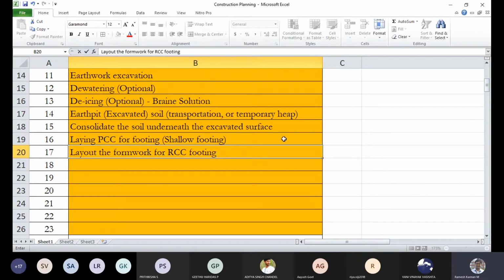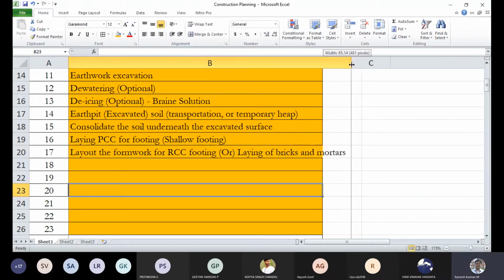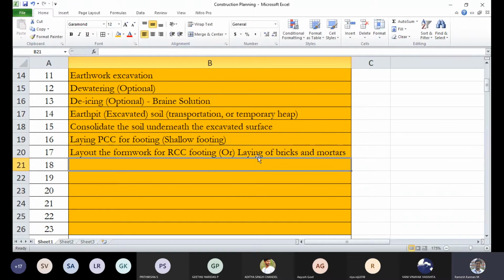So this is very important, because if it is a brick footing, say for example, then we look into the laying of bricks and mortars, like that. So this is for brick stepped footing, or brick footing for RCC footing.